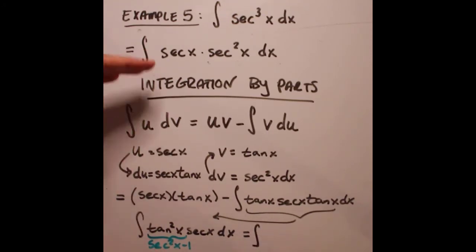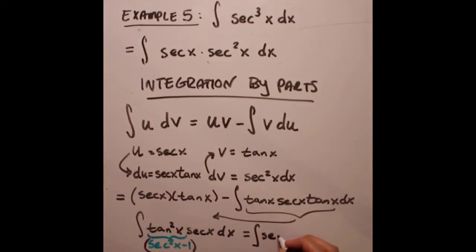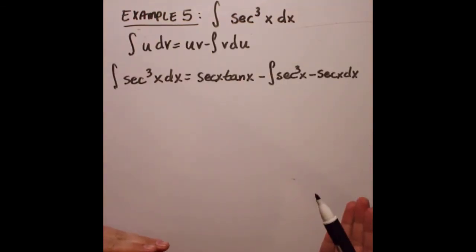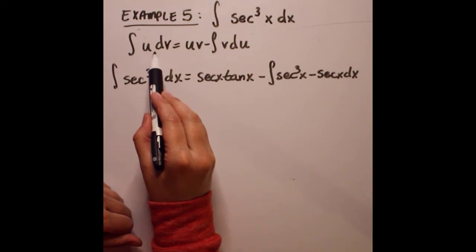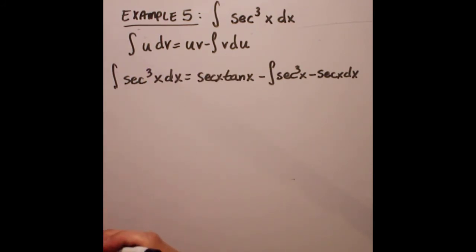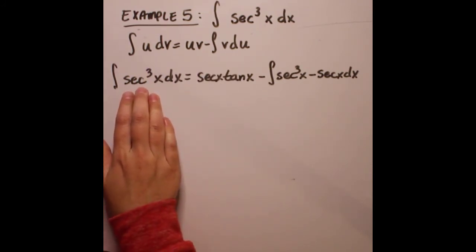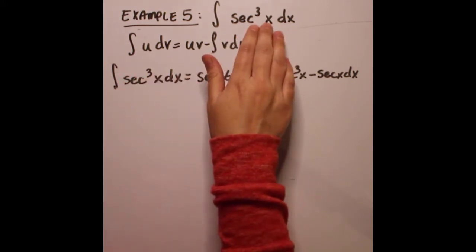So this is secant cubed x minus secant x. Now this part here, we already are working with, so we're going to move this term over. So let me put it together, I'll move this up and make this look a little better. I had what we just worked on, and I'm reminding you of our integration by parts formula. What we were working on initially was this secant cubed x integral that we had here.